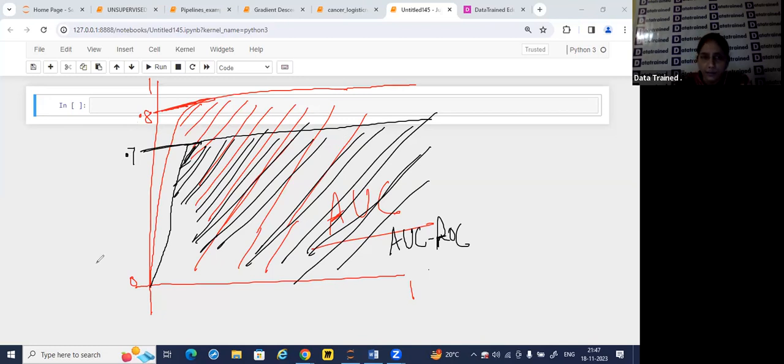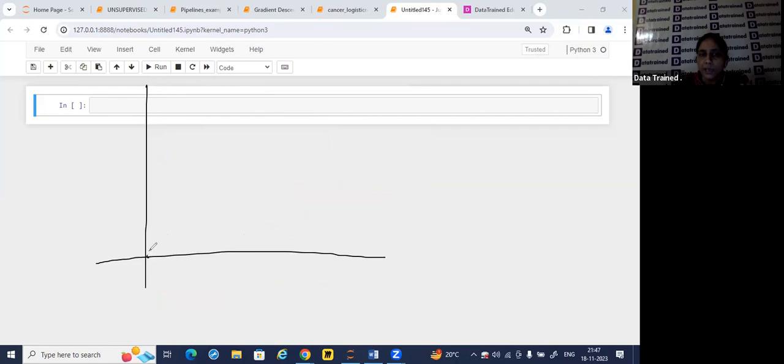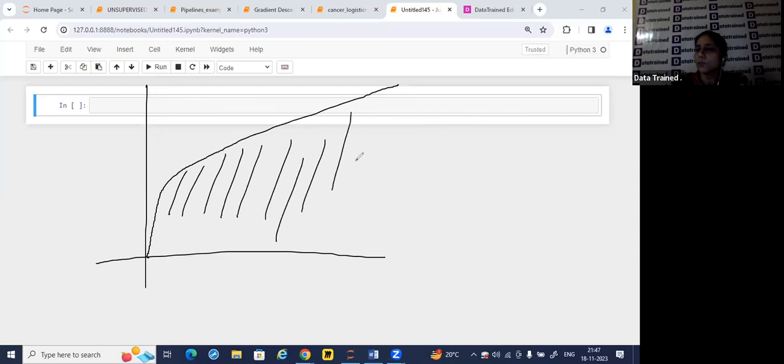If the AUC ROC curve is drawn up to here, it means the area covered is less here. The area is less here, right? You can see here. So AUC ROC is less here. So I can say here nearby 0.5. It means nearby 50% accuracy is there. 50 or 60, you can say here.